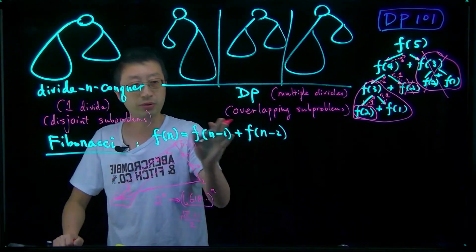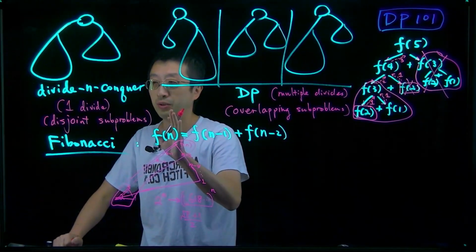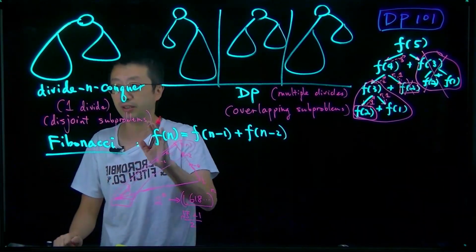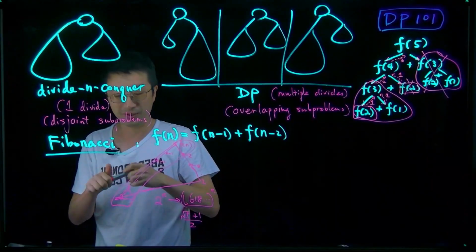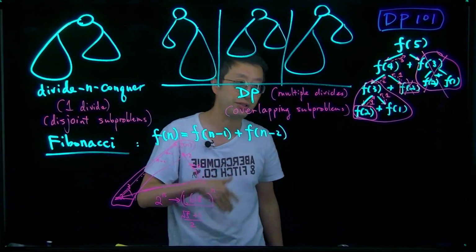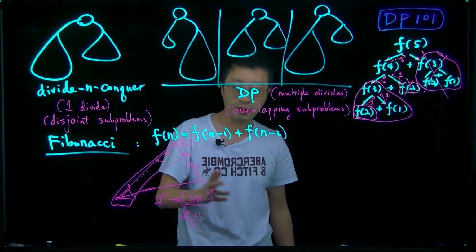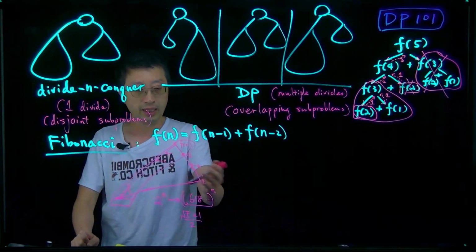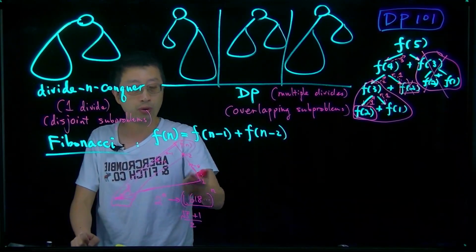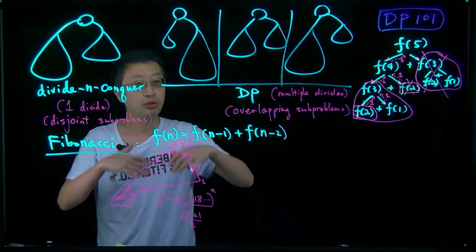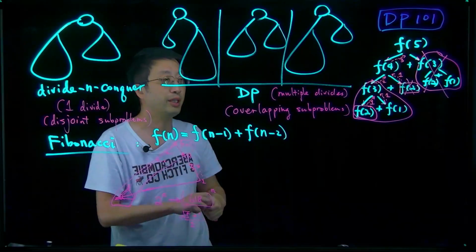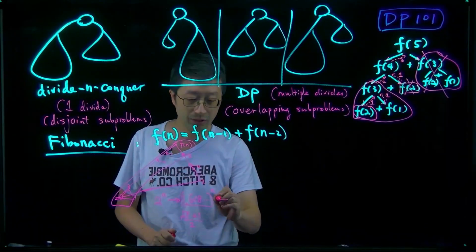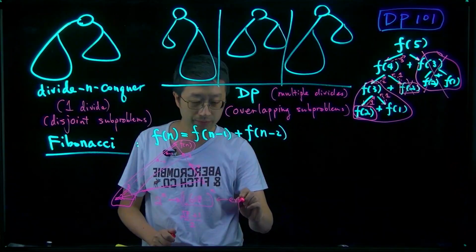And the Fibonacci series does have a deep connection with the golden ratio, which I will not expand on. We don't have time. It's very interesting; you can look it up on Wikipedia or anywhere on the web. But anyway, it's roughly 1.6 something to the power of n, which is still exponential.